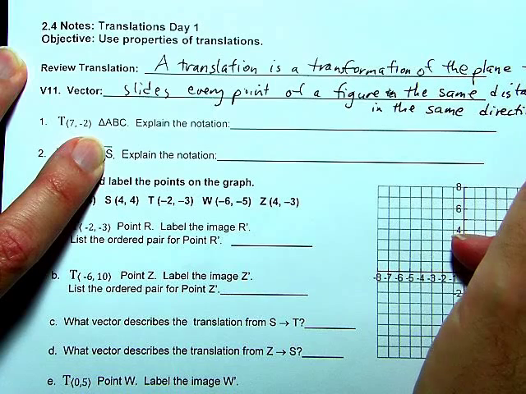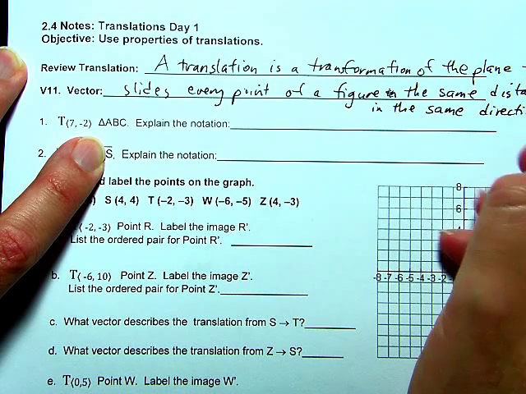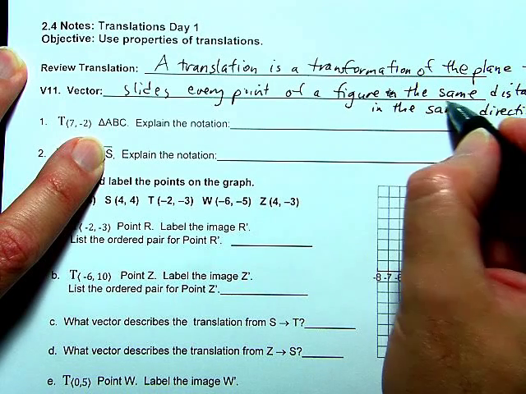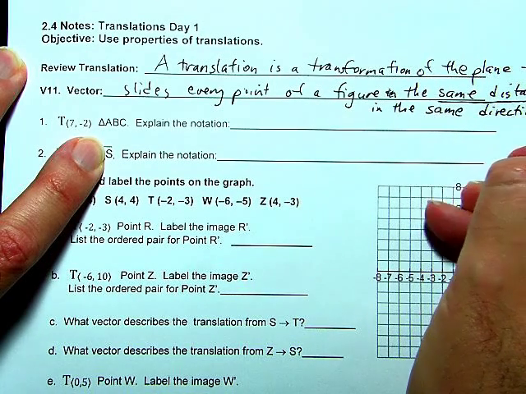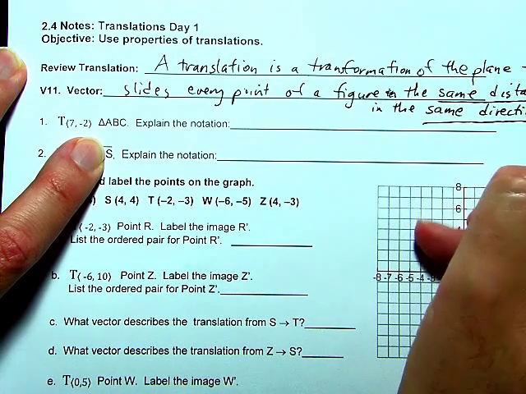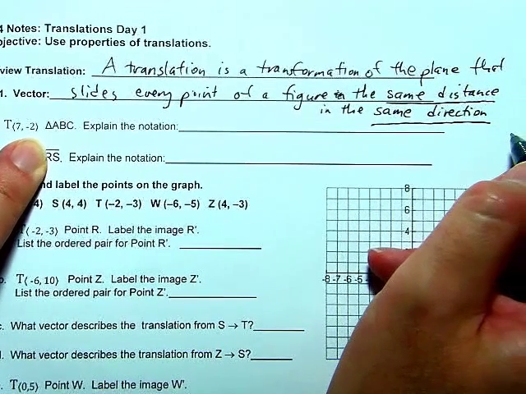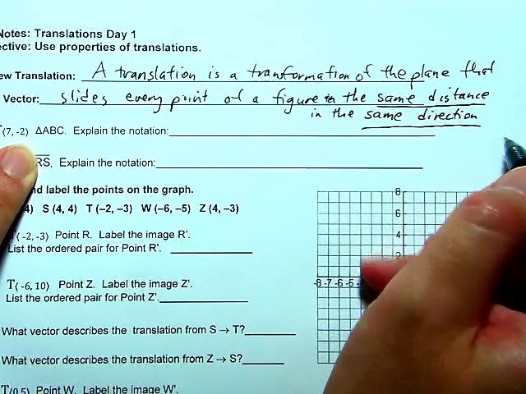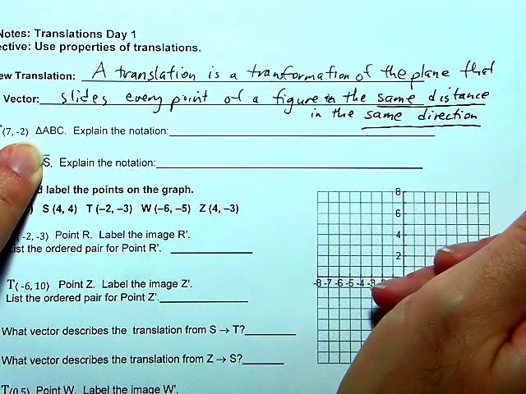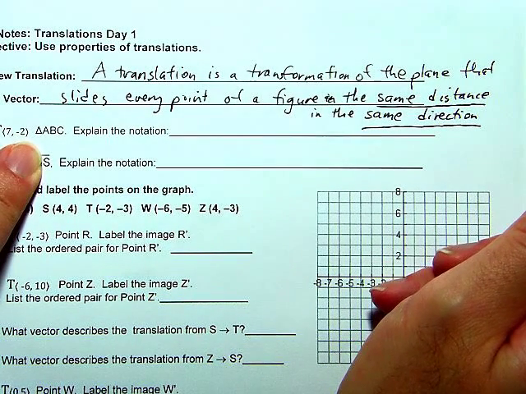Okay, so the two critical properties here are the same distance and the same direction. Okay, so a translation is a transformation of the plane that slides every point of a figure the same distance in the same direction.